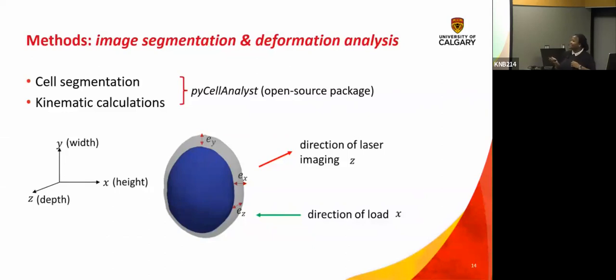And then the Z is going to be the direction of our laser, where the imaging was done to collect the different stacks. So now we have our segmentation done for the different time points, and we can do the math to see what the differences were by comparing it to the reference.